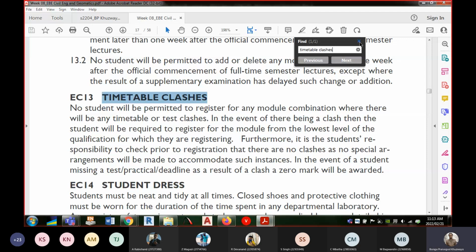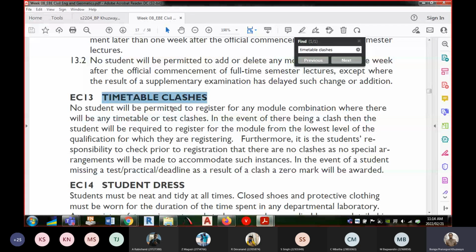Right. I know this is a little bit of an uneasy topic for students. So just make sure that you are aware of the rule. With respect to the actual timetable, the lectures, there should be no clashes, right? I know some students sometimes will be doing maybe my subject and then another subject in year 3 or whatever the case is.